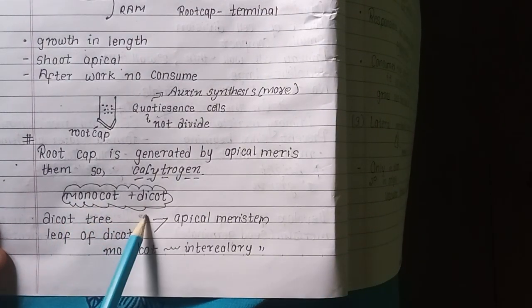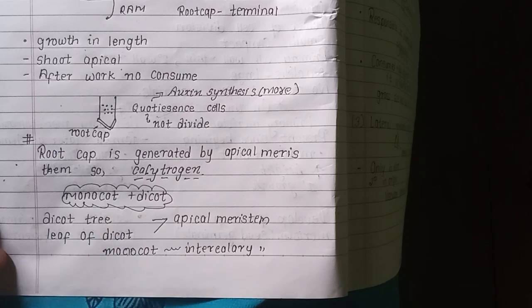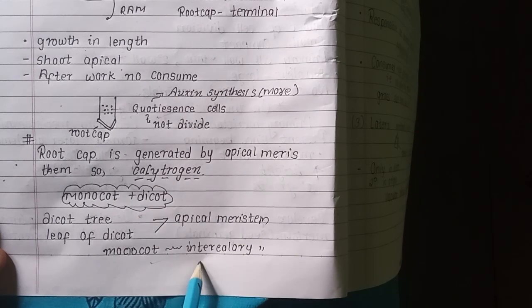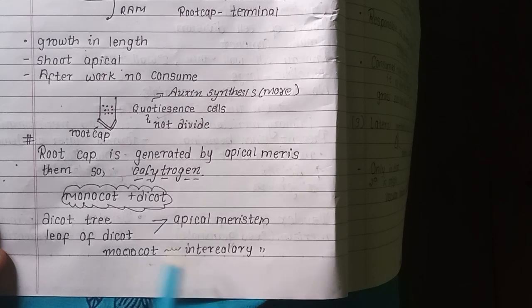Apical meristem is found in both monocot and dicot plants. Monocot, intercalary. Dicot tree, leaf of dicot: apical meristem.